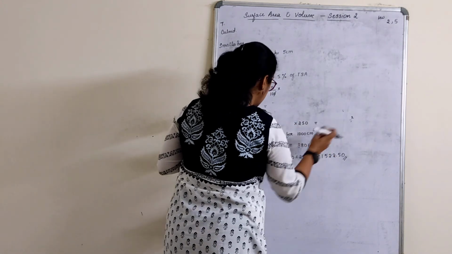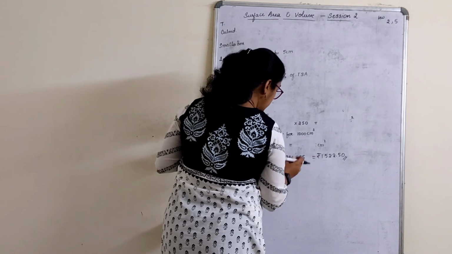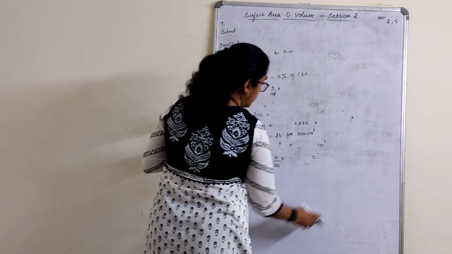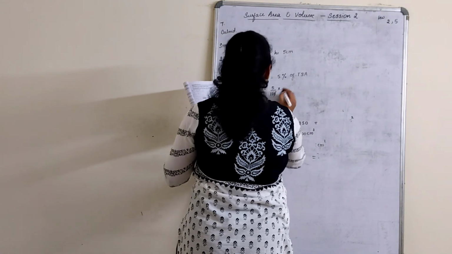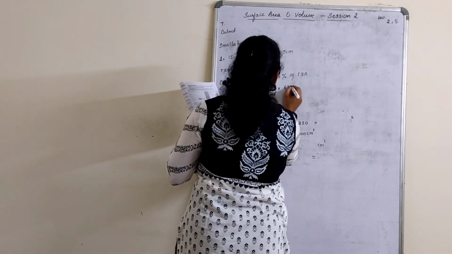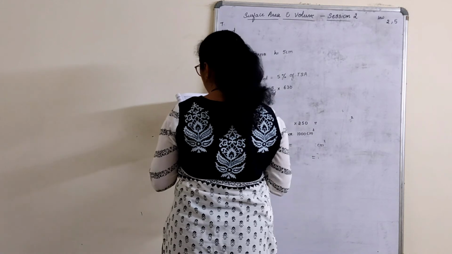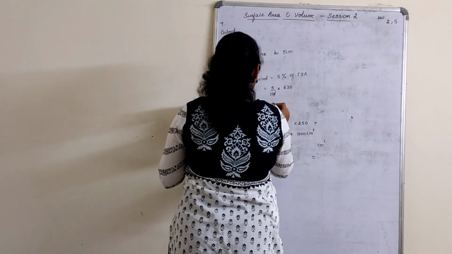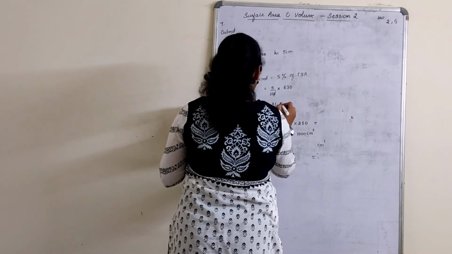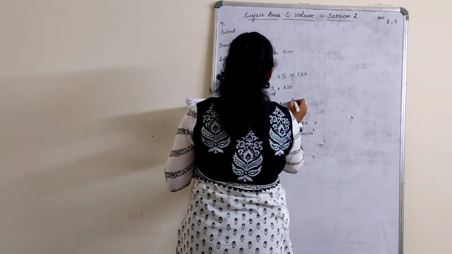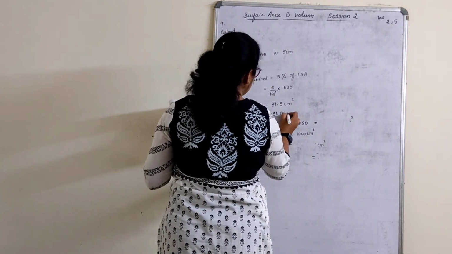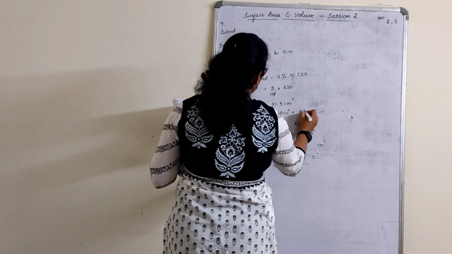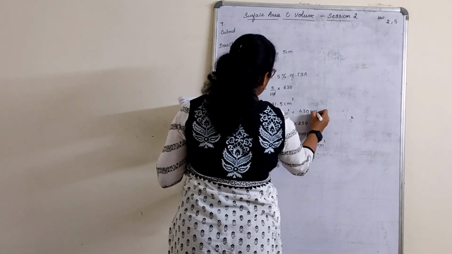This answer is not required, and this total amount will change. So the cardboard required with respect to this would be 31.5 centimeters square. So net surface area would be 31.5 centimeters square plus 630 centimeters square, right?